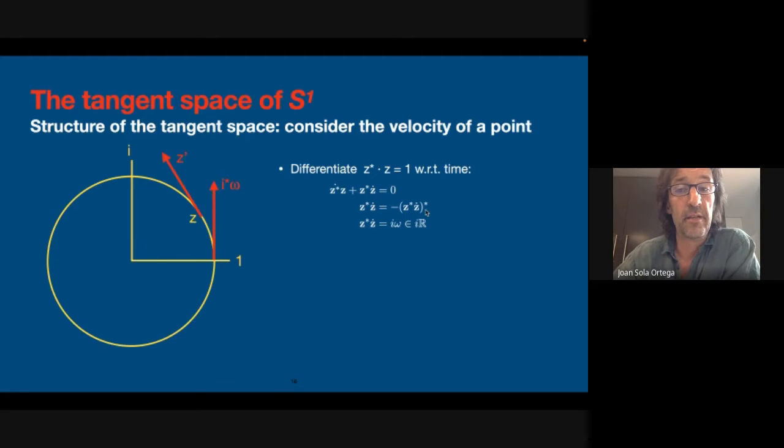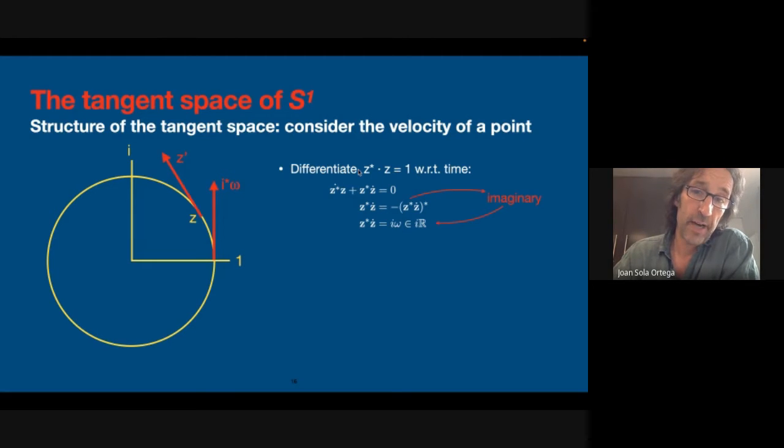The conjugate of i omega is minus i omega. The element is equal to minus its own conjugate. So now we know that z conjugate z dot is always a number of this form, i omega, with omega in the real numbers.